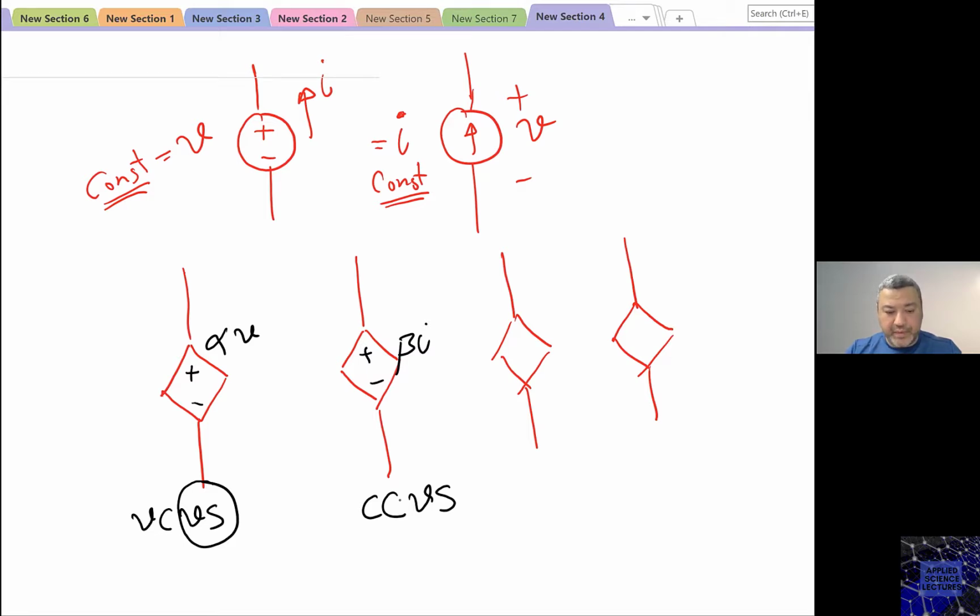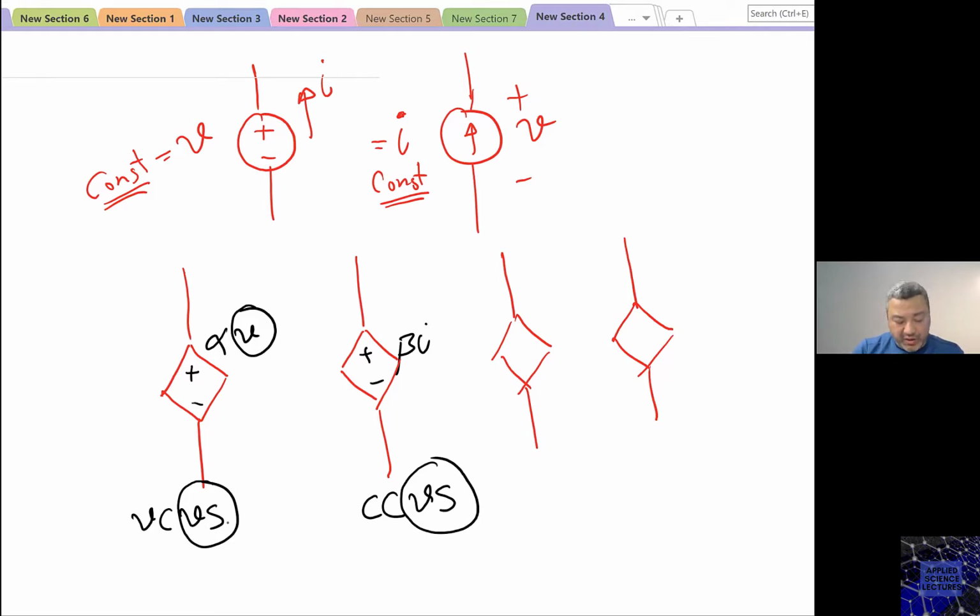Beta I, alpha V. So this one is the one that is controlling how much voltage is generated. Alpha is a constant. We'll talk about it later on. But so far, this is a voltage source and this is a voltage source. Both of them are voltage sources.